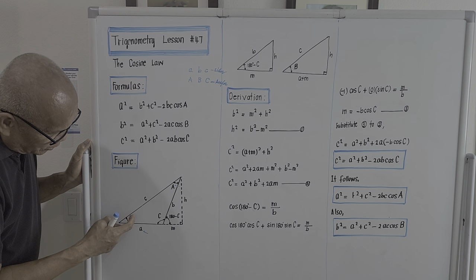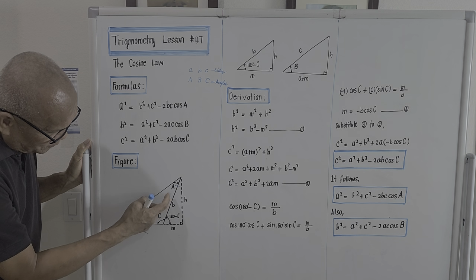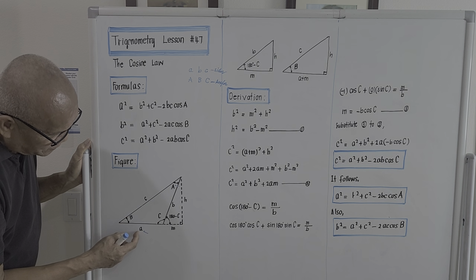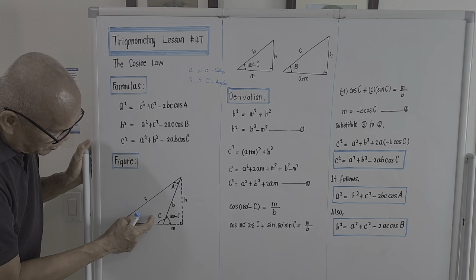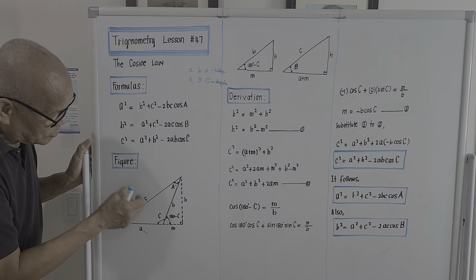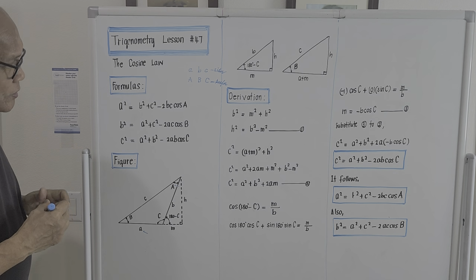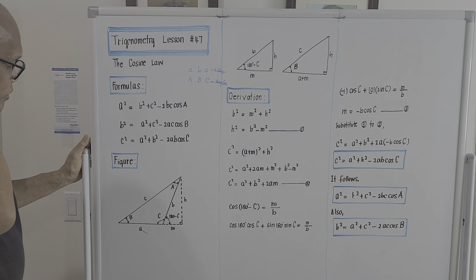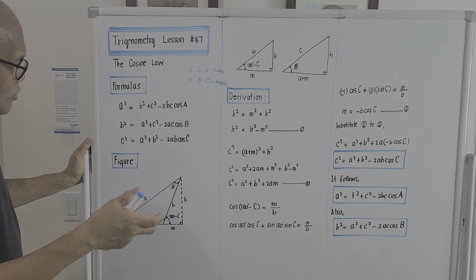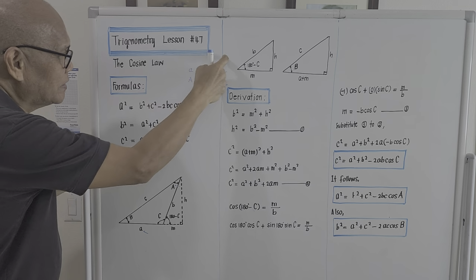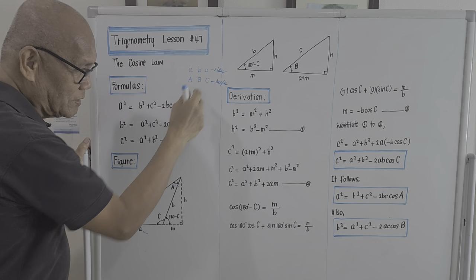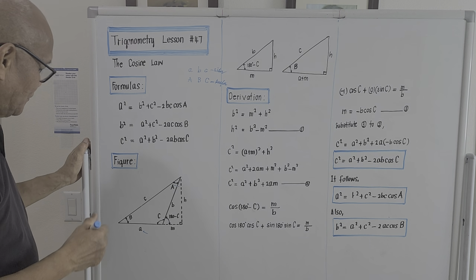So if this is angle B, this should be side B. If this is angle A, this should be side A. And if this is angle C, this should be side C. So the variables on the given formulas will represent small letters ABC and big letters ABC.